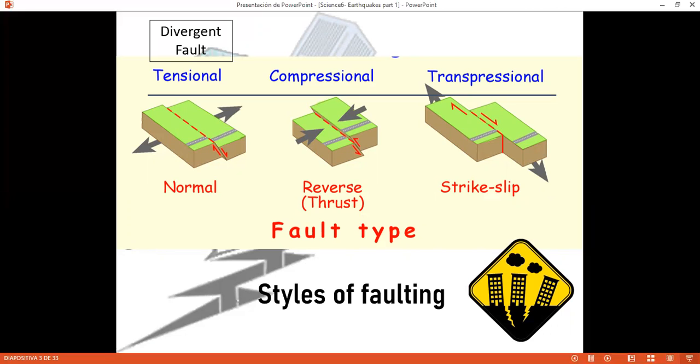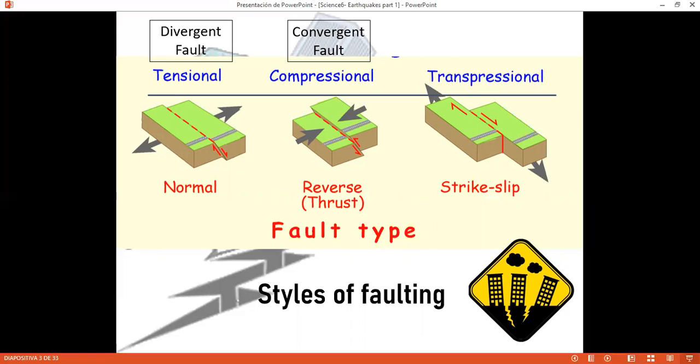Then you have the compressional fault, also known as a convergent fault. They bump into each other. These are the ones that create mountains.